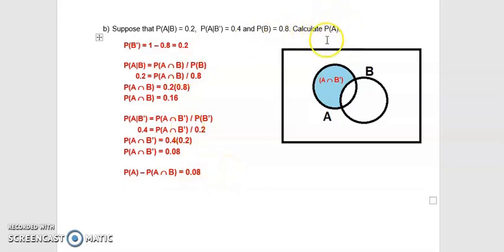So now we can find the value of probability of A. Just now we already have the value of A intersect B, which is 0.16. So probability of A is equivalent to 0.08 plus 0.16. Finally, we get probability of A equal to 0.24.